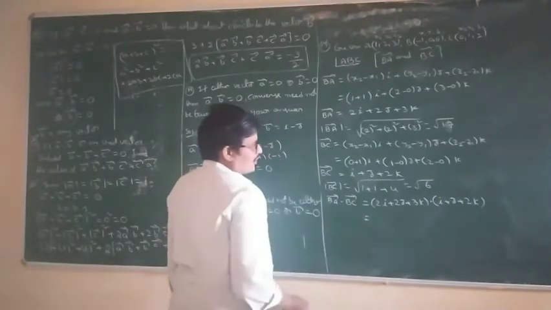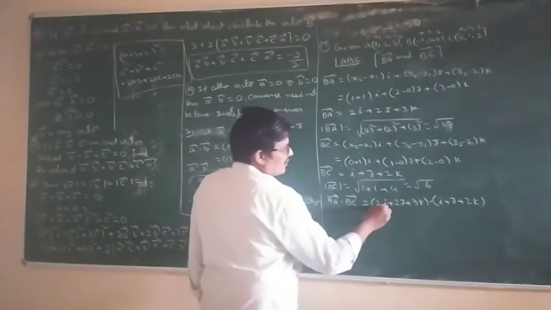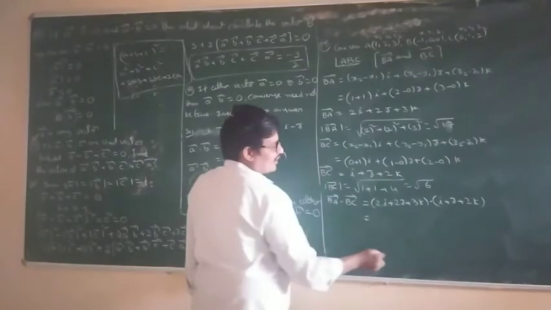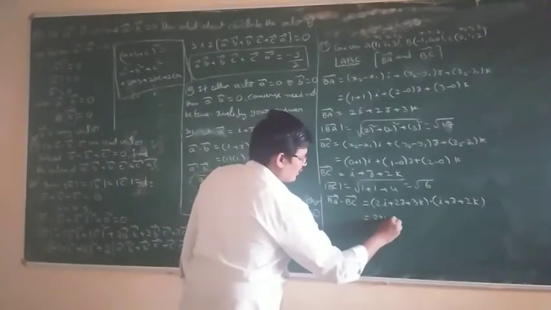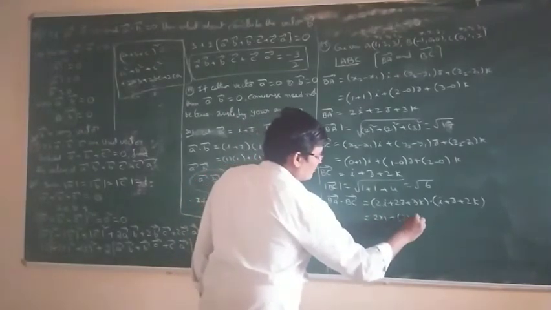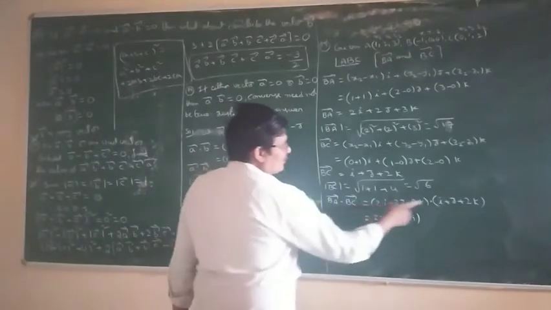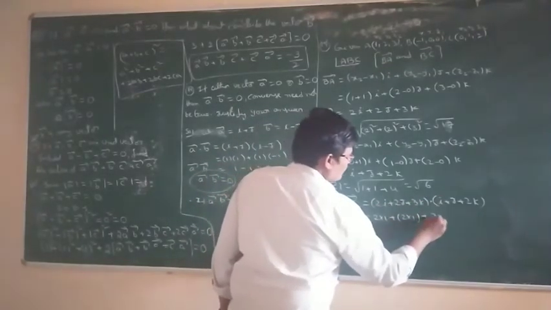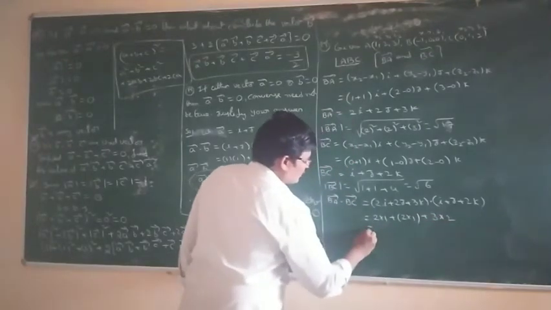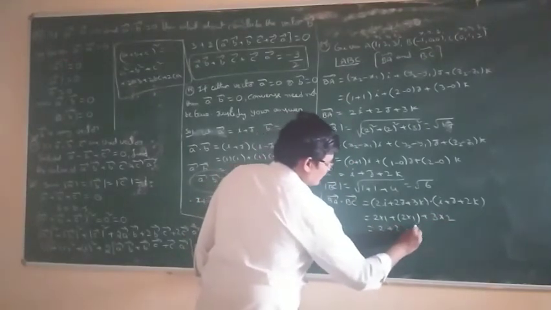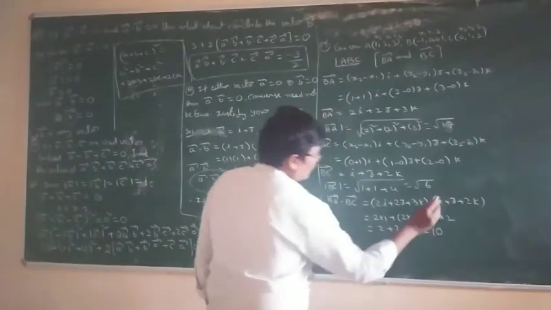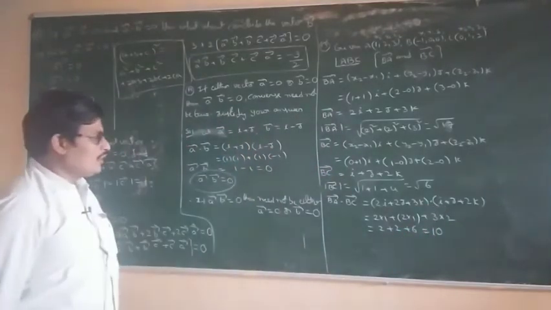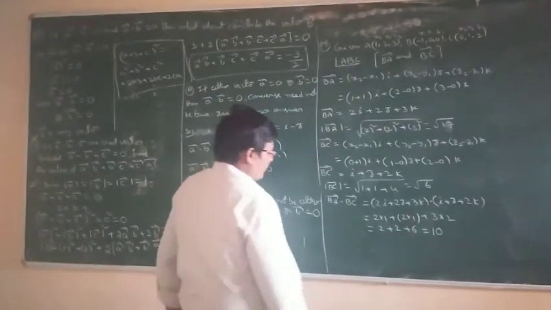For the dot product, multiply the i components, then the j components, then the k components: 2 into 1 plus 2 into 1 plus 3 into 2. So that is 2 plus 2 plus 6, which is equal to 10.